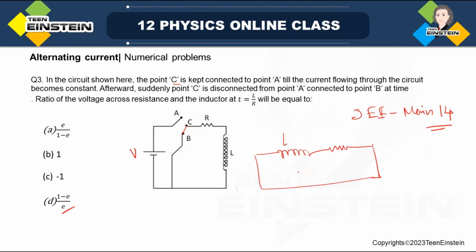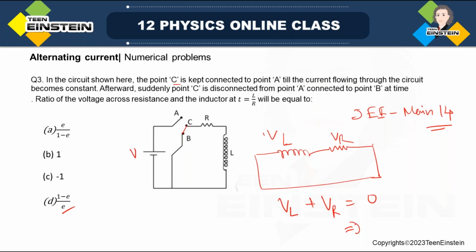The current is a decaying current. Here also some maximum current has been attained, and now the current is decaying. Let us apply Kirchhoff's law. This is VR here and VL here. After disconnecting the battery, the total voltage will be 0.